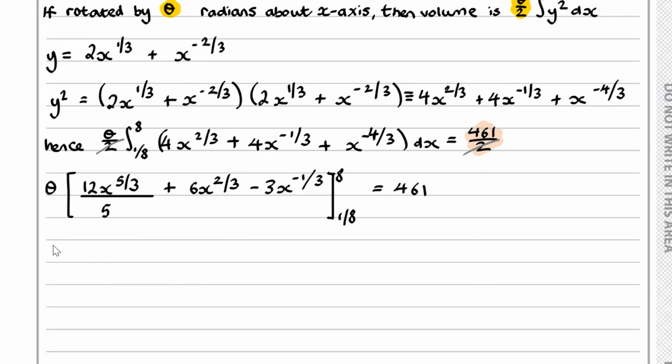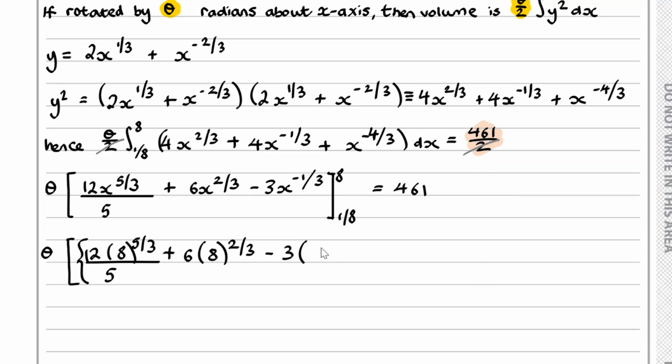So we have theta lots of, for the upper limit, we have 12 lots of 8 to the 5/3 over 5 plus 6 lots of 8 to the 2/3 minus 3 lots of 8 to the power of minus 1/3. So that's what we have for the upper limit.